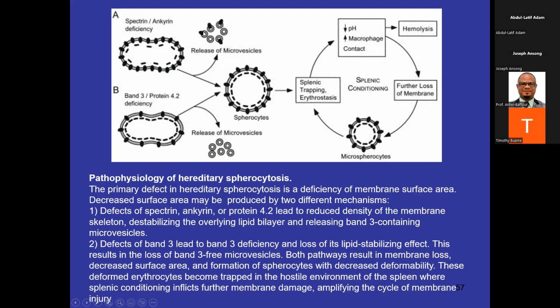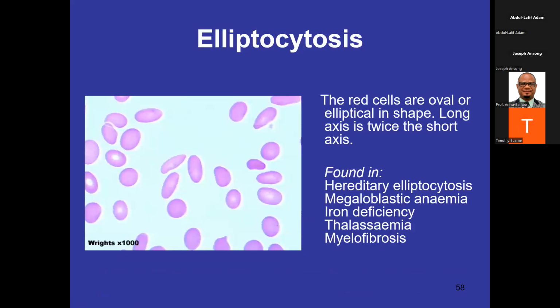Membrane is shortened because the microvesicles bud off the membrane. And when the membrane is shortened, eventually the cell becomes spherical. These cells, when they get into the spleen, are trapped and they don't come back out. So microspherocytes are trapped in the spleen and they are removed via macrophages. And the constant removal of these cells will lead to anemia.